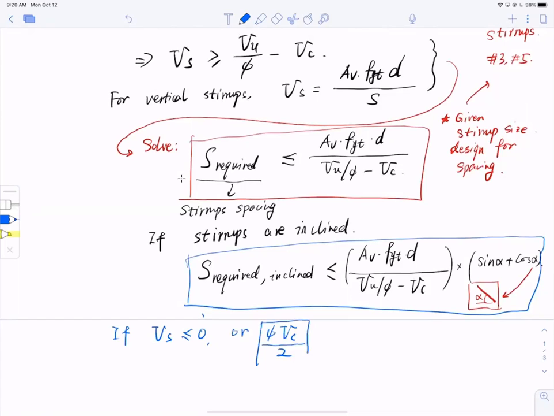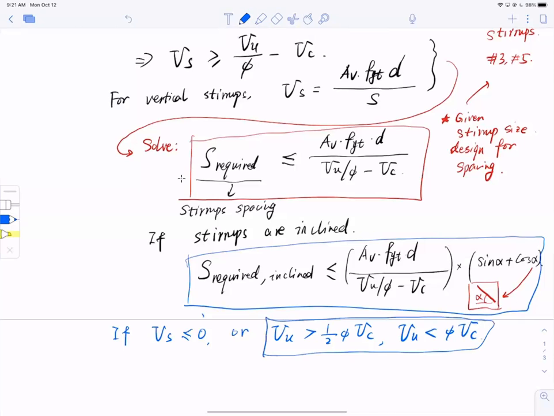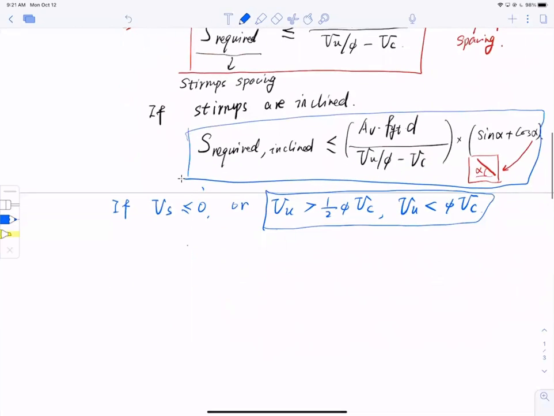Sorry, the other way. If VU is bigger than half of phi VC, but smaller than phi VC, this is the requirement. Then we need a minimum reinforcement, that is AV min.